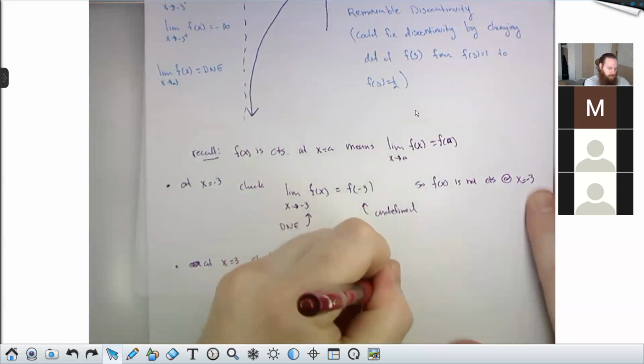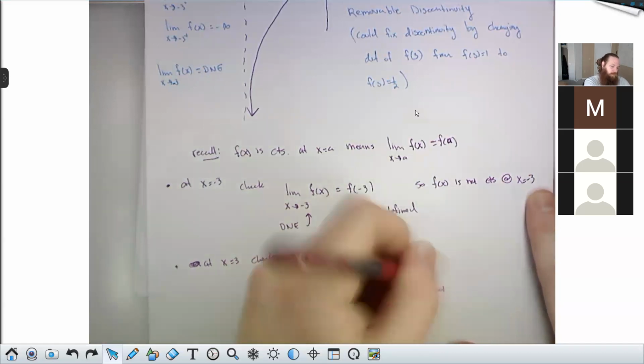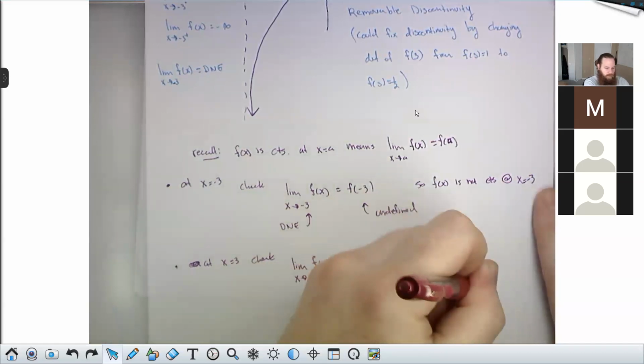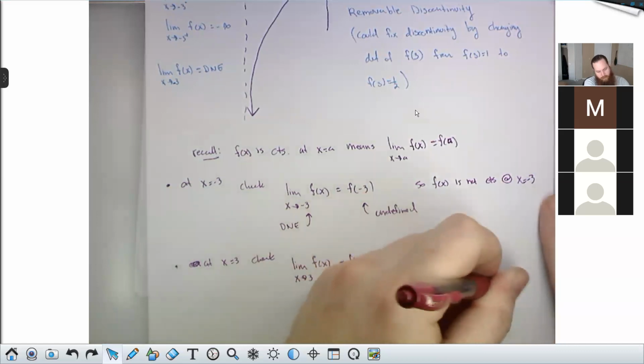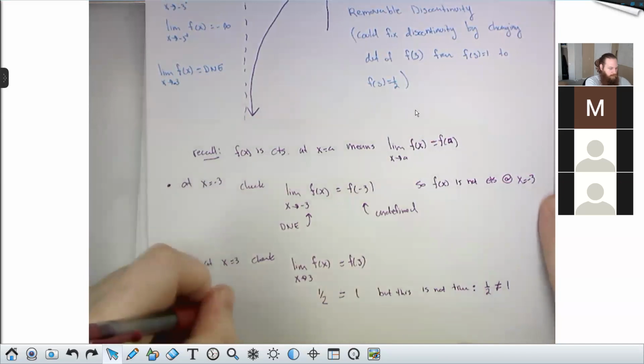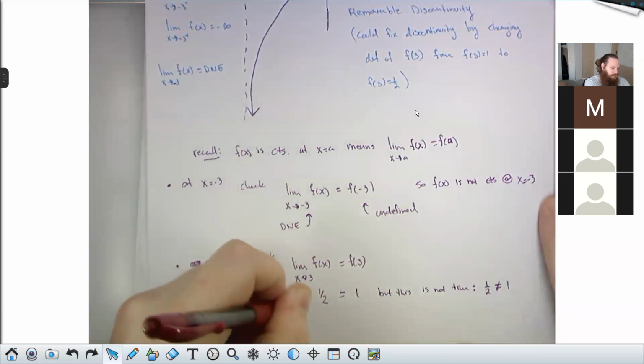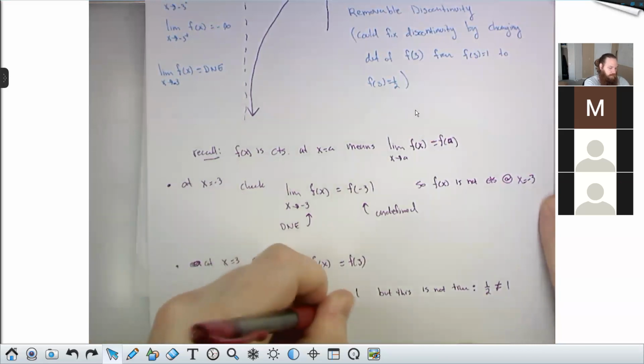But these are not equal. This is not true. 1/2 is definitely not the same as 1. So f of x is not continuous at x equals 3.